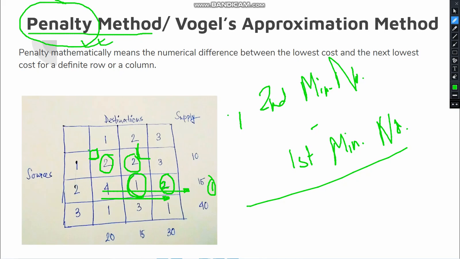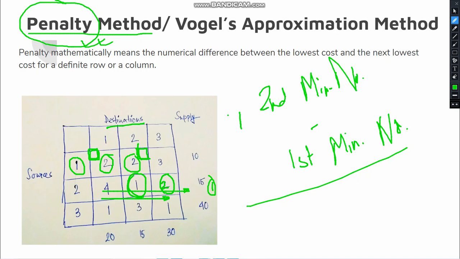So ultimately you are not going to lose any amount of cost, because you have the option of transporting the quantity at the same cost, but from a different source point to a different destination point, or we can say from the same source point to a different destination.